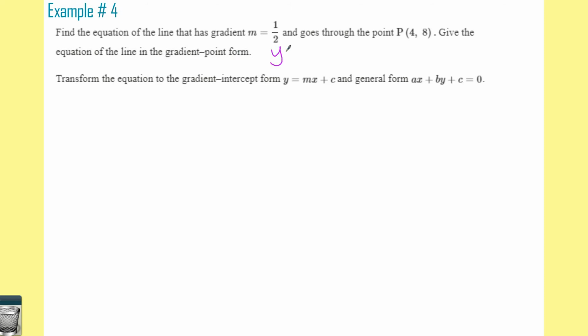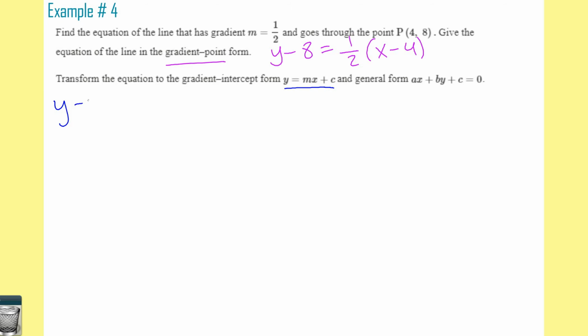So we get y minus 8 equals 1/2 (x minus 4), point slope form. Then we want to transform it into gradient intercept form, or slope intercept form.